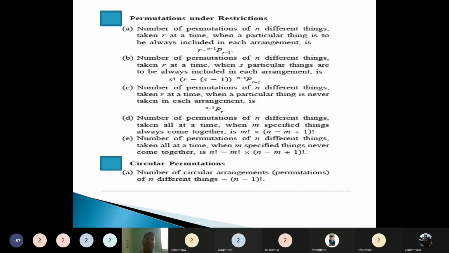Come together means that while arranging, they are always as a group. For that case, the formula is m factorial into n minus m plus 1 factorial.